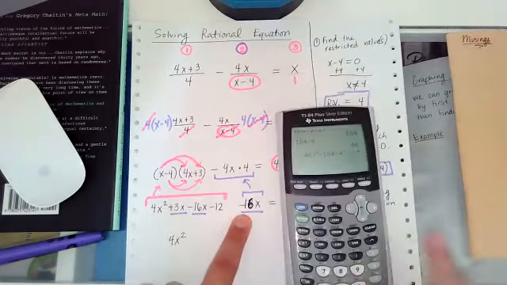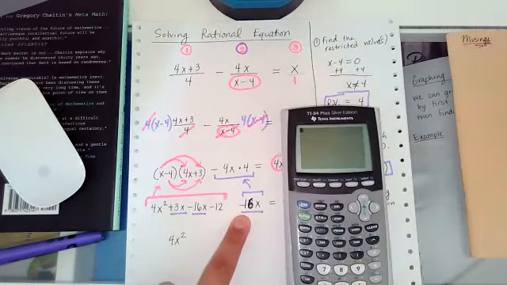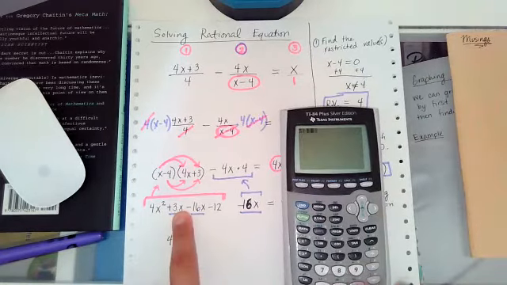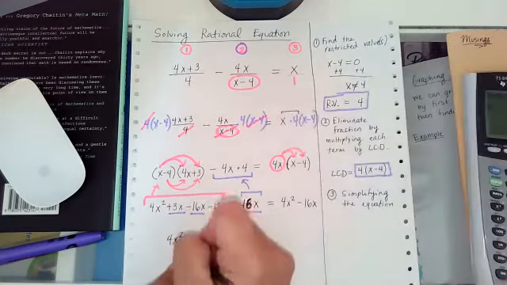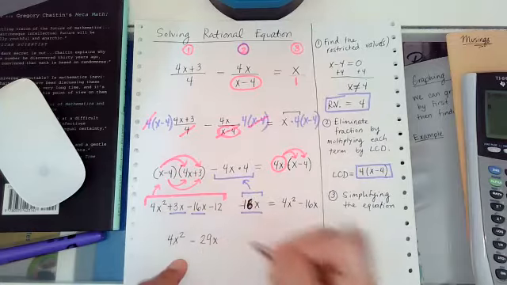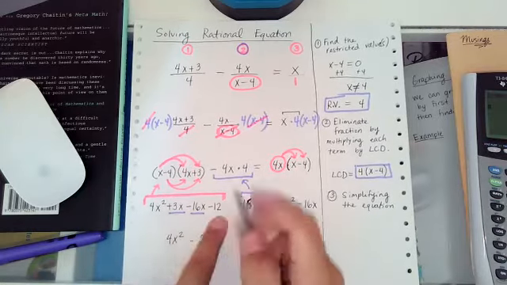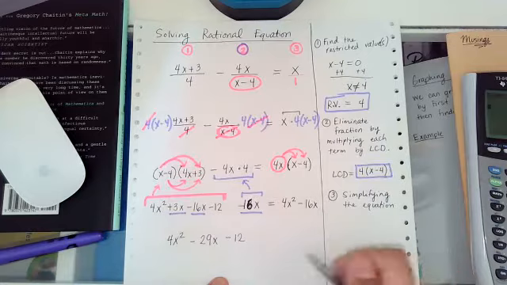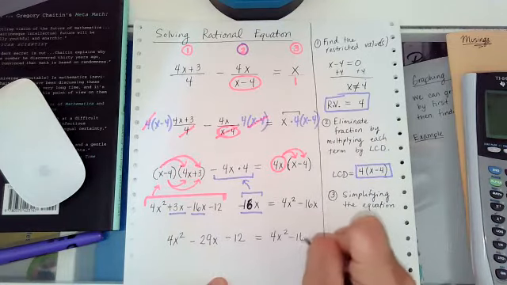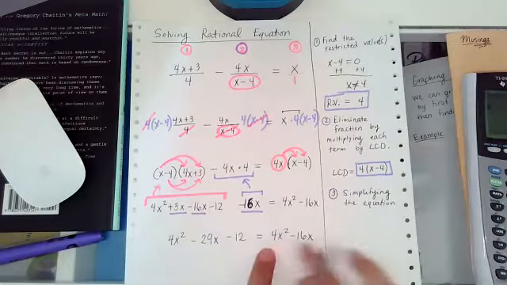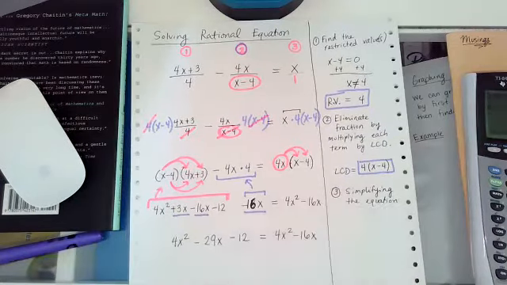So why not just grab the calculator so we don't make any mistakes? +3 minus 16 minus 16 gives you -29. So that's -29x. And then we'll just bring our -12 down. Is equal to 4x squared minus 16x. We have not done anything over here because there's nothing to combine.